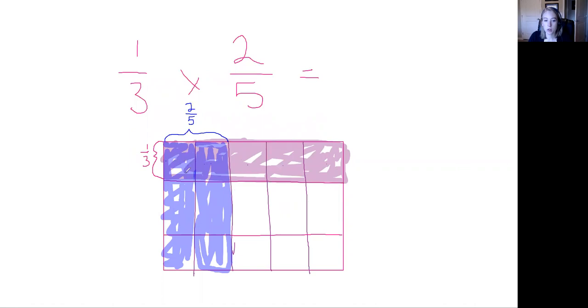So here our whole is split into 15. You can see it, we'll count it together. 1, 2, 3, 4, 5, 6, 7, 8, 9, 10, 11, 12, 13, 14, 15 equal pieces. And my double shaded part is 2 out of 15 equal pieces. So our answer here to the multiplication problem is 2/15.